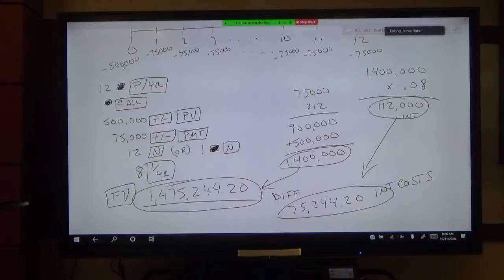For the developer, since he's delaying the outflow of cash, he's in essence increasing his internal rate of return, because he's delaying the outflows of cash further into the future than he would have done up front.